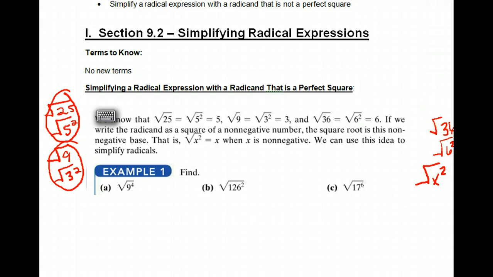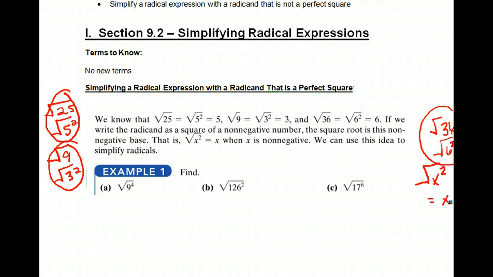The third example, the answer was 6. In each of those examples, we had a radicand of 5 squared, 3 squared, 6 squared. In this case, our radicand is x squared. We should be able to conclude that the answer is just x.